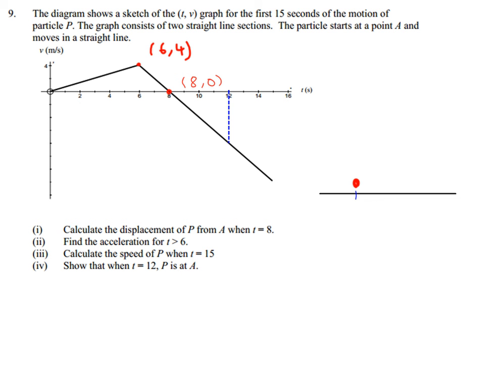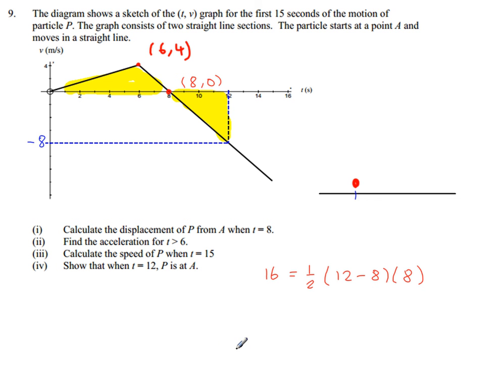Now we already know the displacement here, we calculated that, so this should be the same area as this. So the displacement, when you add them together, a positive, a negative, they will cancel out, so you're back to where you started. So we know what the area here should be.